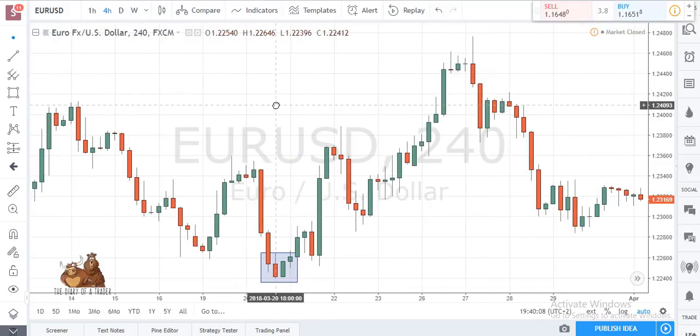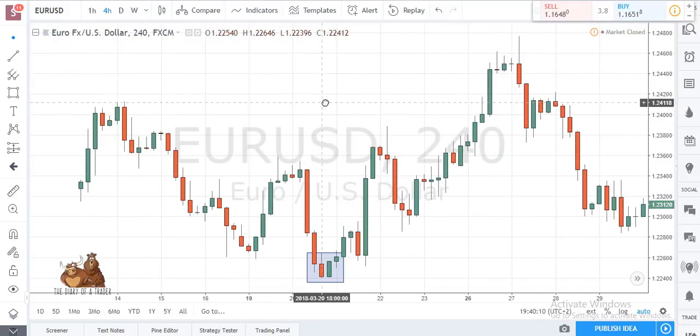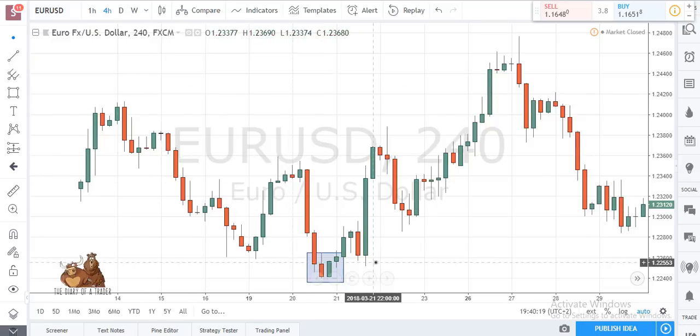On the other side, the bullish tweezer bottom occurs during a downtrend, when bears continue to take the price lower, as you can see here. So we have a clear downtrend. Look, we have a big push here from 123.50 to 122.50.